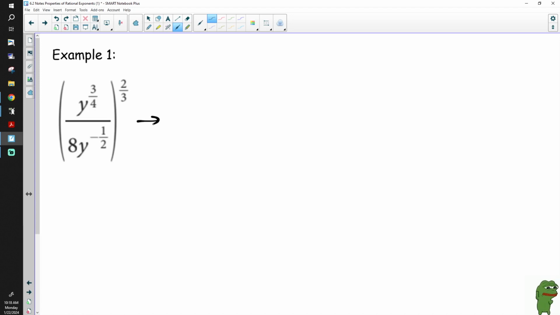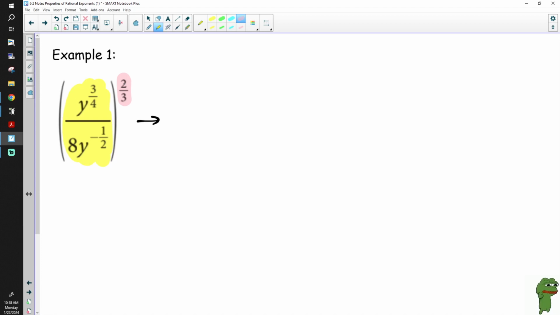When I am doing these problems, the first thing I always like to do is I do not want parentheses in my problem. If I can get rid of parentheses, it makes everything easy. So I have all of this raised to the power of 2/3. If you look at that tiny little sheet of paper that has your 5 rules, one of them looks like this.